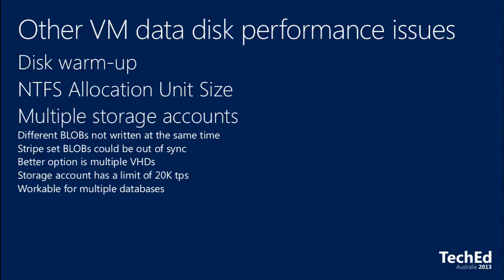However, if I'm thinking about separate databases that don't have referential integrity issues between the databases or multi-database transactions, these sorts of things, by all means, you could run off and do this in different storage accounts. And so that might help a bit. But most of the time, the limits on the storage account aren't actually all that tight. But there is a limit of, as I said, 20,000 transactions a second per storage account.